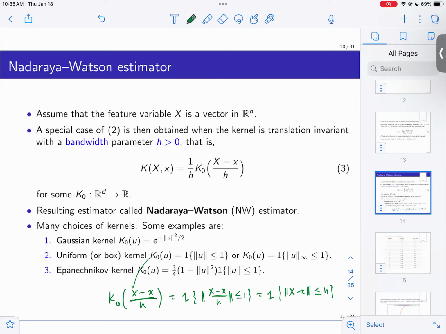So in these slides, u is just this scaled difference. You can think of it as a dummy variable, which you would then replace with x minus X divided by h.